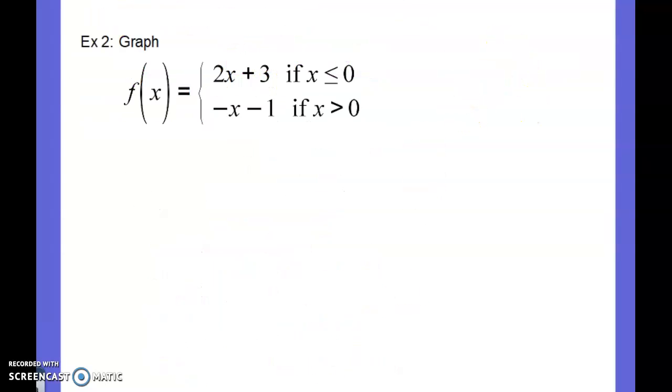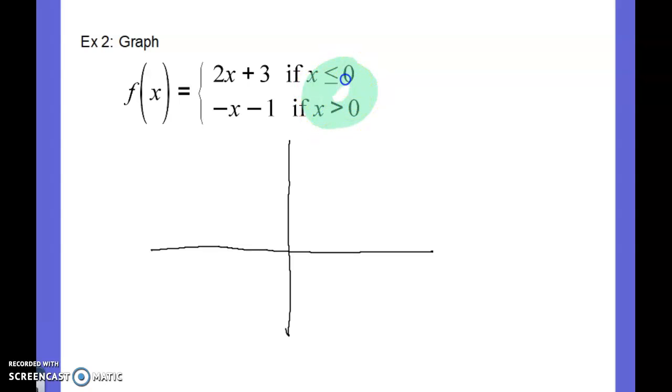Well, what if you were asked to graph them? So we're still going to use the xy axis. Now, sometimes when I teach this, I tell my students to look at these constraints first and just draw the constraint, x equals 0. Don't worry about less than, don't worry about greater than. Well, this is a vertical line, and where x equals 0 is actually the y-axis.